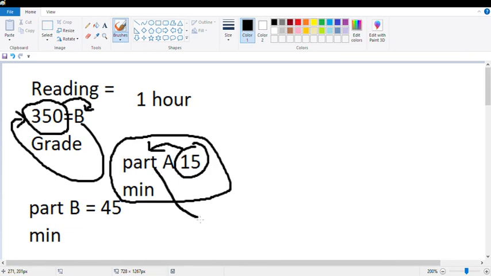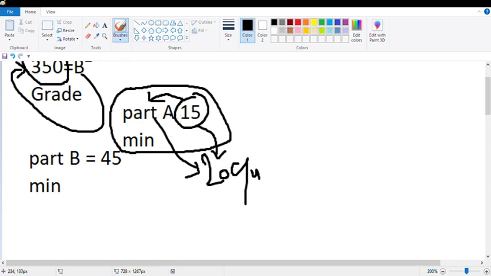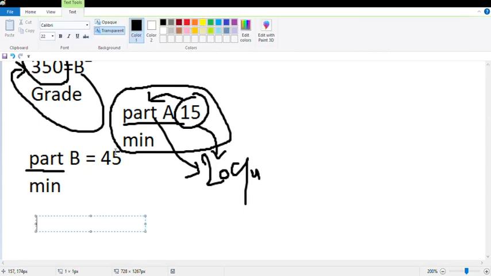Reading part A includes 20 questions. You have 15 minutes to complete your 20 questions, and after 15 minutes they will collect everything about part A, including questions and answer sheet, and then give you a new sheet that includes part B and part C. Sorry, I forgot to write part C here.